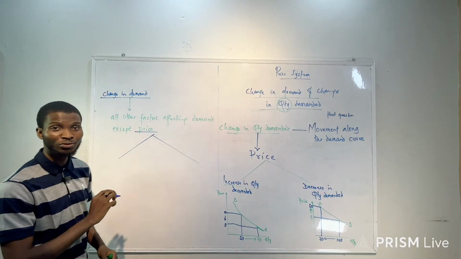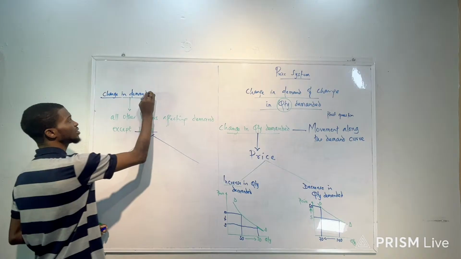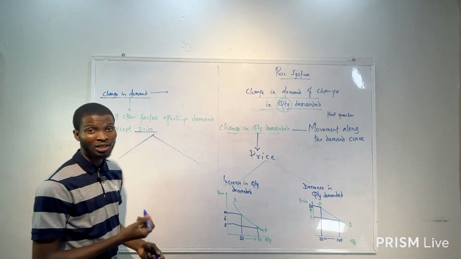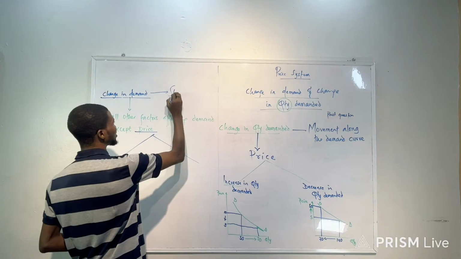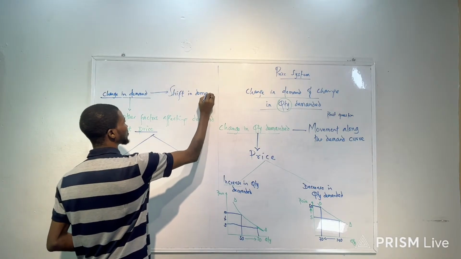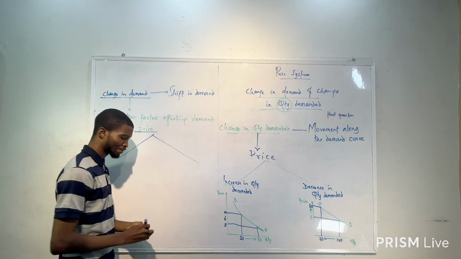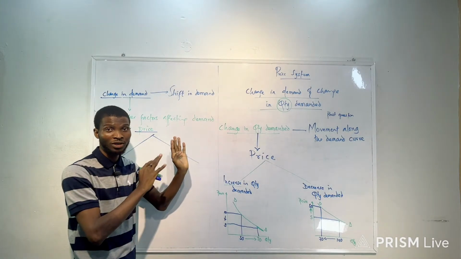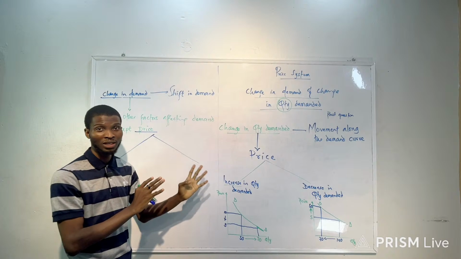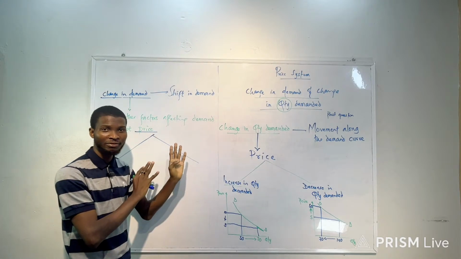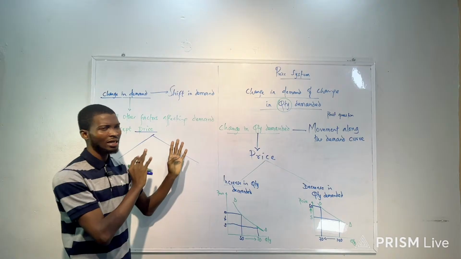Oh, before I move forward to the types of change in demand, what is the other name that you would see in your past questions that they normally call this? It's always been called shift in demand. So they call these guys the shifters. You know, if I were to make a movie and I want to give them names and nicknames, I'll call these guys the shifters, like vampires, shapeshifters, and the likes.